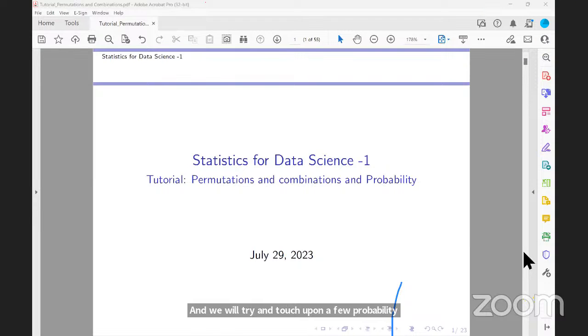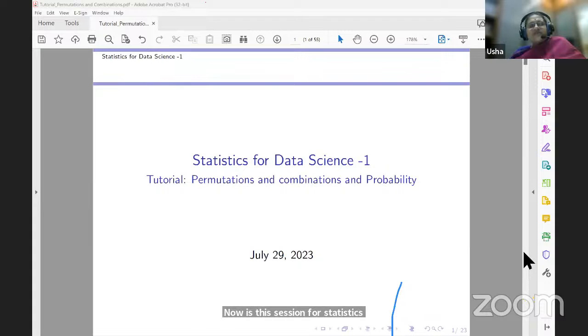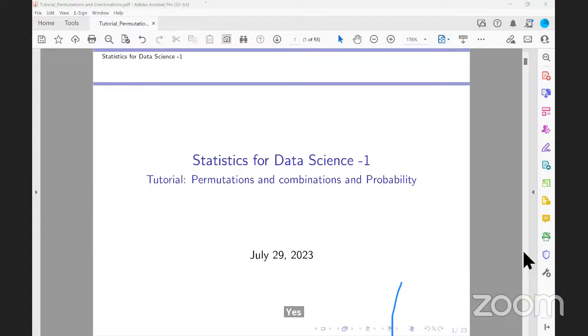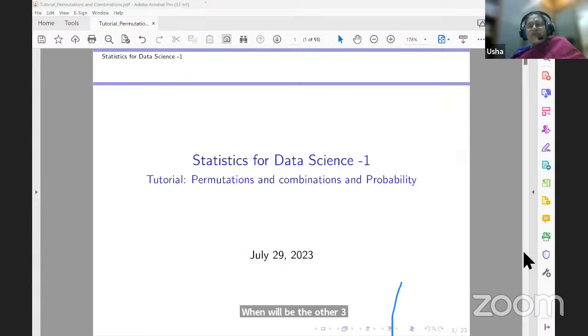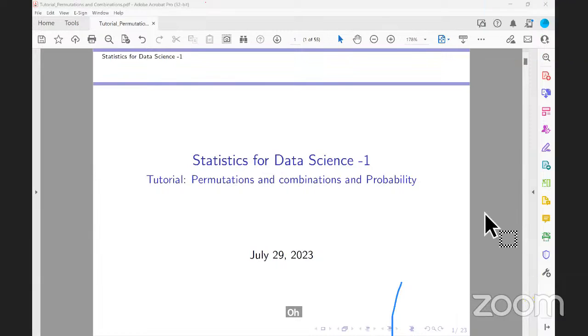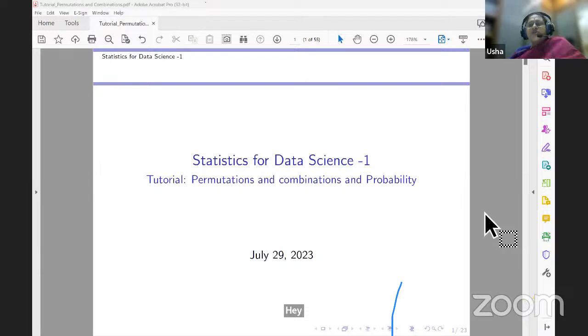Ma'am, is this session for statistics? Yes. Ma'am, when will be the other three? I think that other people can answer that. This session is for the statistics for data science 1. And this tutorial is going to be a revision session on permutations, combinations, and probability.